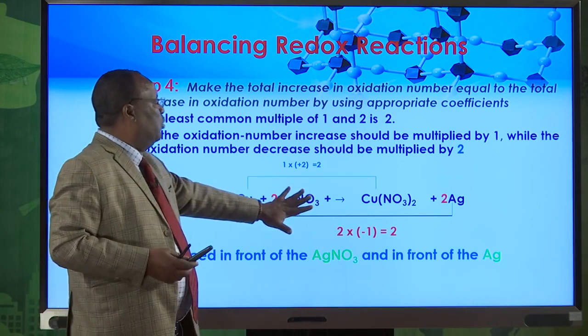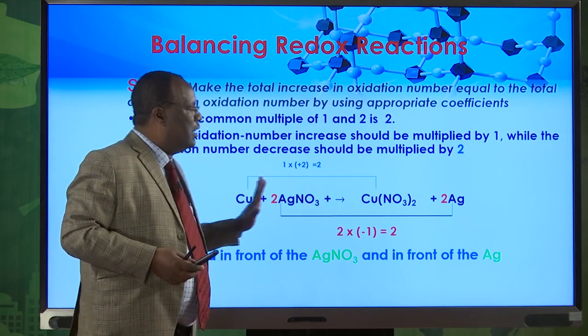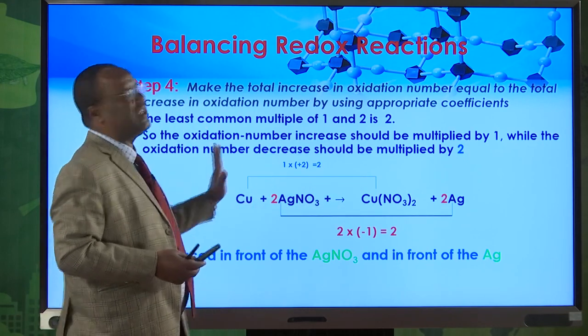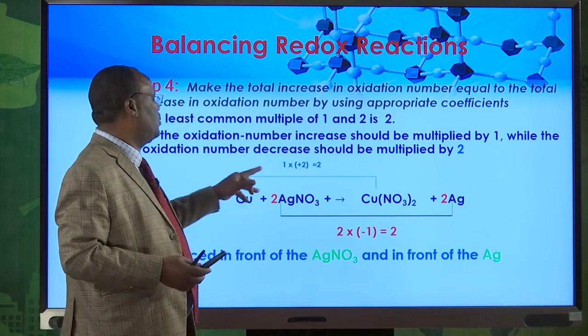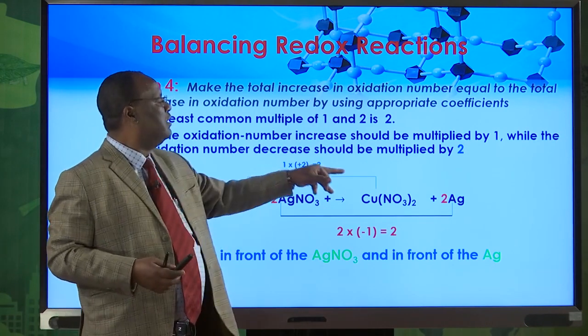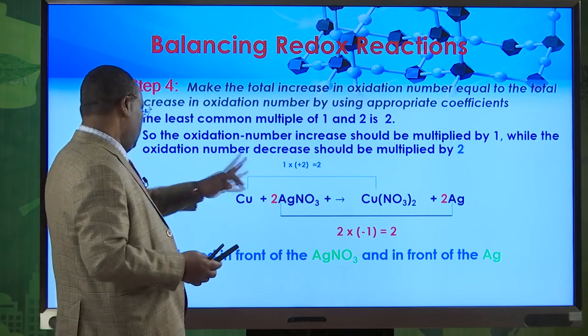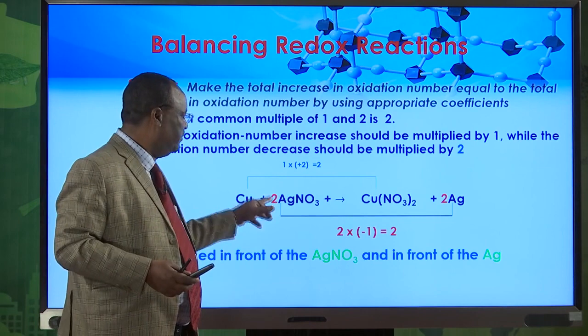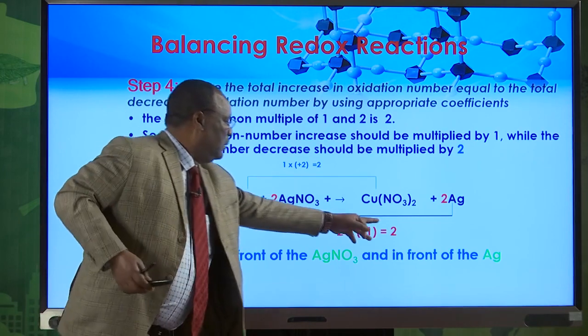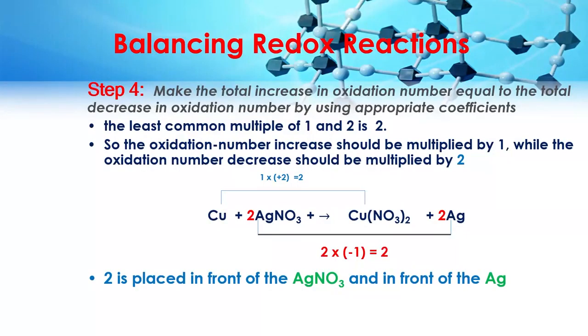Now we are going to look at the total number of atoms on both sides of the equation. What coefficient should be written in front of the symbols and formulas on both sides of the equation? 2 is placed in front of silver nitrate because here you have 2. The coefficient should be multiplied by 2.